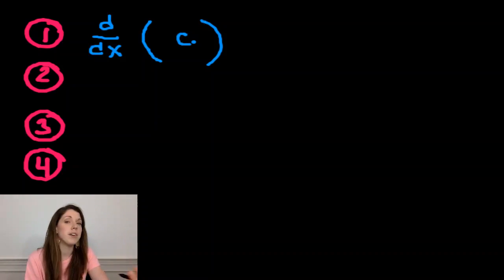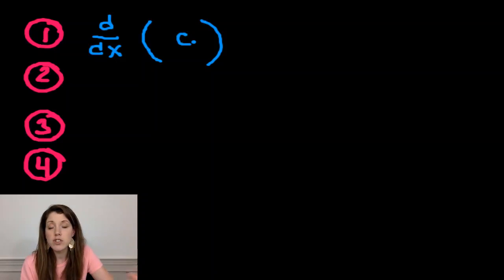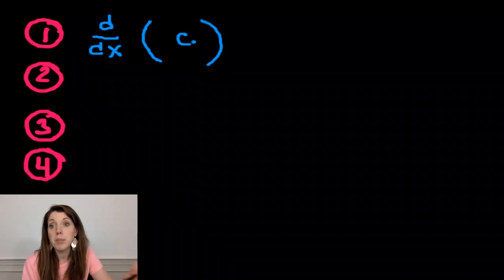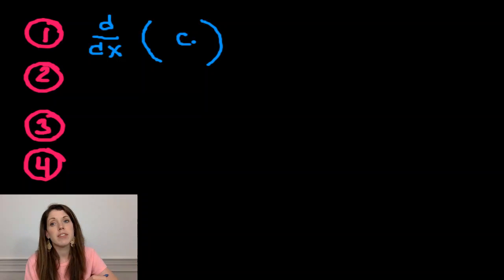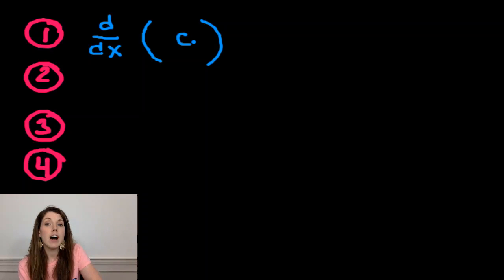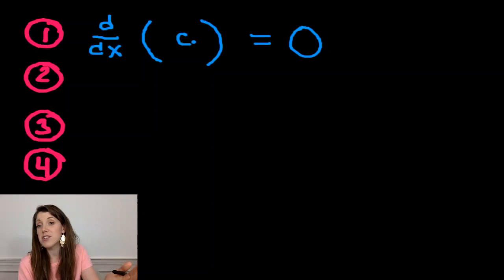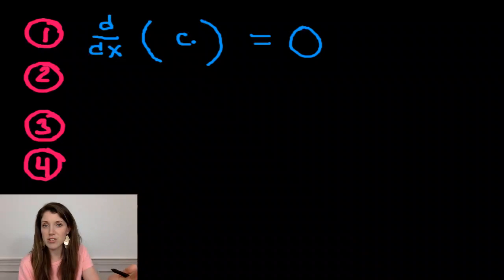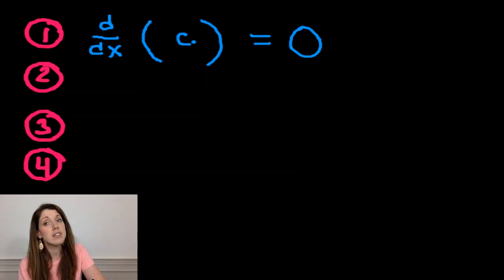It doesn't matter if it's 1 or 10 or -2, 1.5, the number pi, 1/4. If it's just a number, then it's a constant. So anytime we take the derivative of a constant, the answer will always be 0. That's the first rule. Don't you love answers that are just always 0?